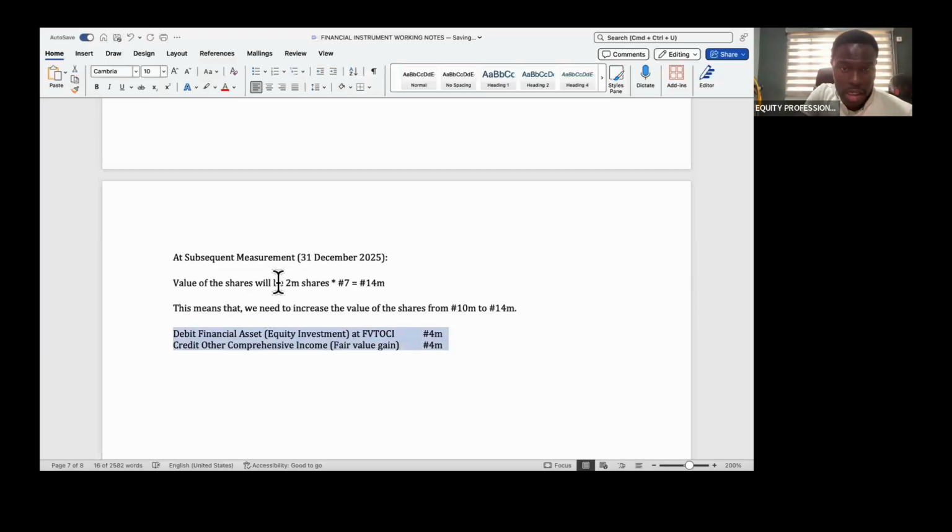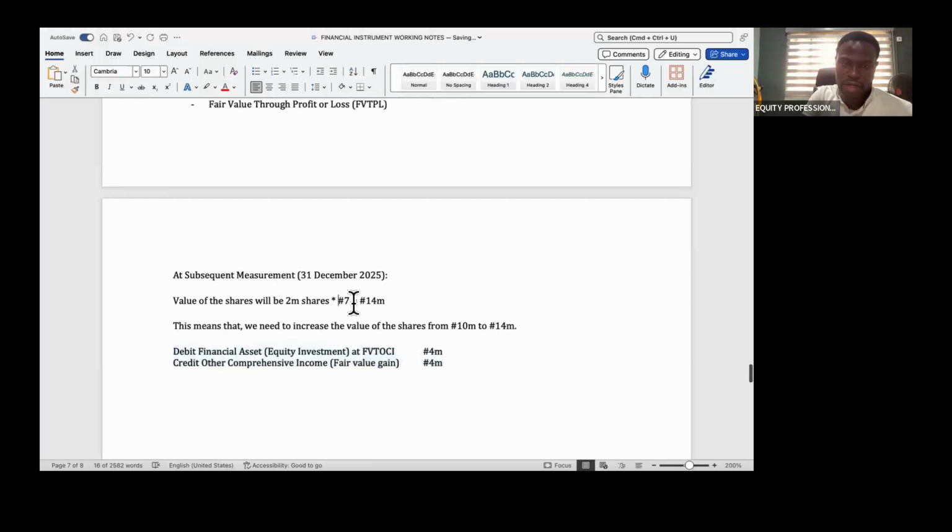Again, the value at the end of the year is 7 naira, which means the value of our shares at the end of the year becomes 14 million naira. This means that we need to increase the value of the shares from 10 million to 14. Remember, it was 10 million before because the share price was 5 naira before. But now we need to increase it to 14 million.